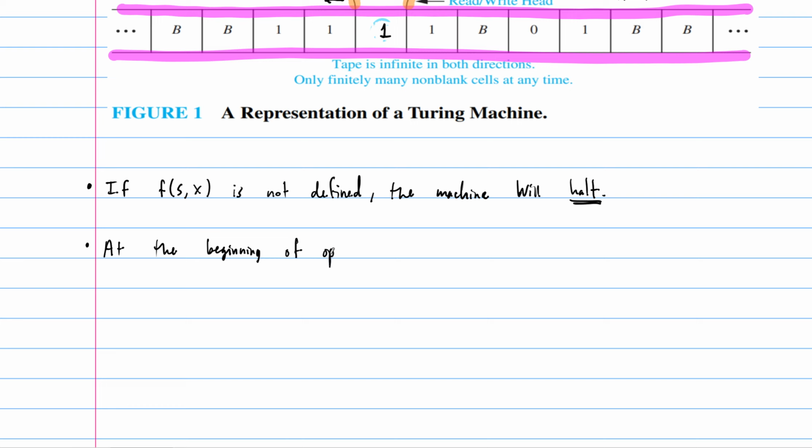At the beginning of operation, a Turing machine, so I'll just call it T machine, is assumed to be in its start state, that's S0, right? Or starting state, you might want to say in this context, starting state S0, and over the leftmost non-blank tape symbol.